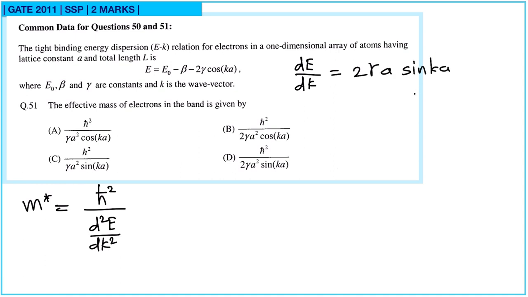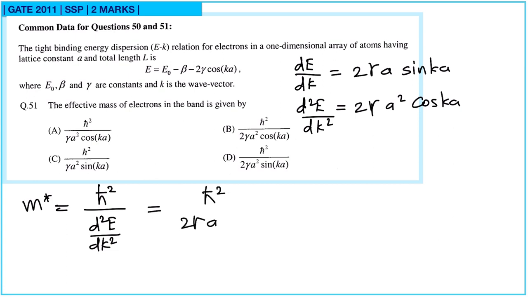Then we are going to differentiate it again. Sin will become cos Ka, and one more a will come into the picture. So 2 gamma a square cos Ka will be d2E by dk square. So m star will be h cross square upon 2 gamma a square cos Ka. So this will be the answer, and option B is correct.